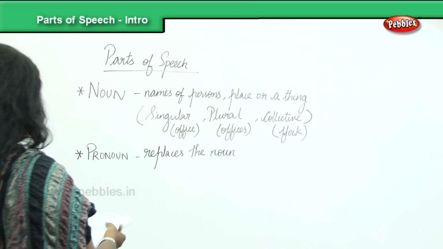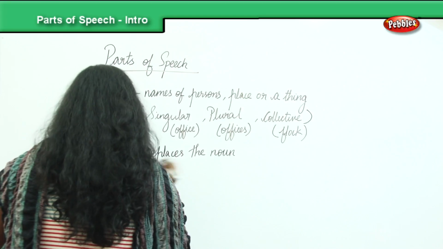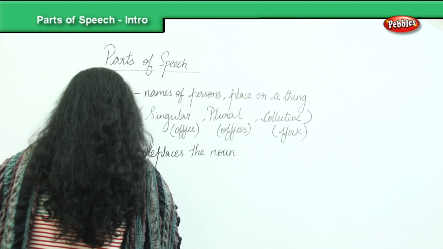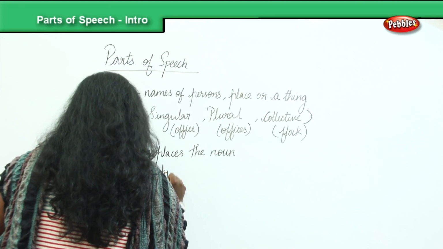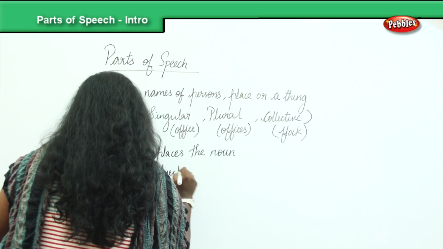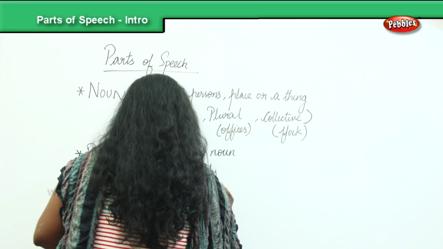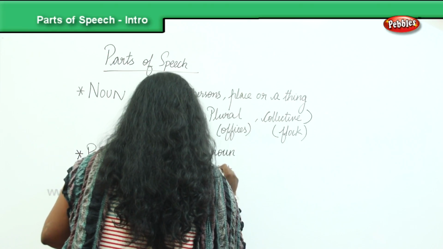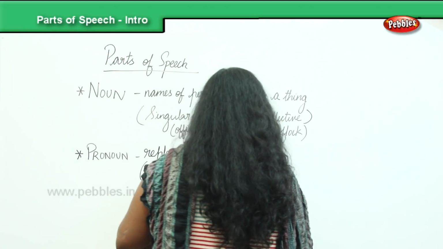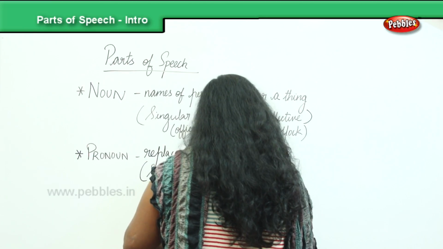Let me give you an example of the types of pronouns: with respect to the subject, with respect to the object, and indefinite.